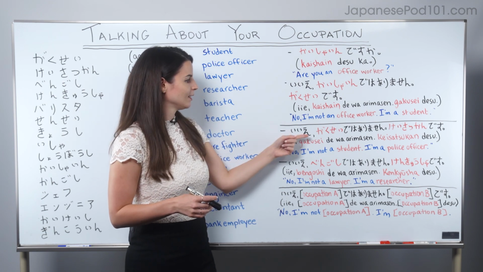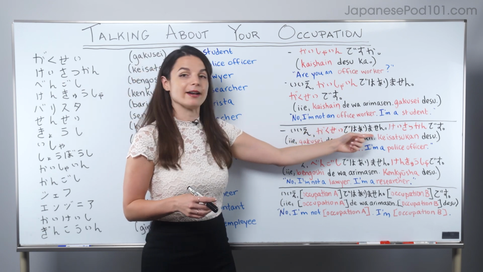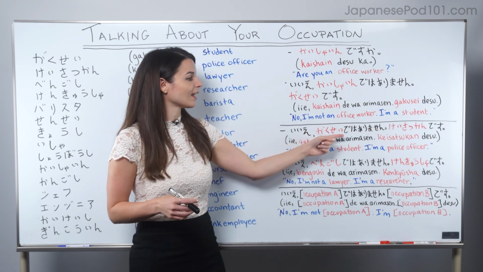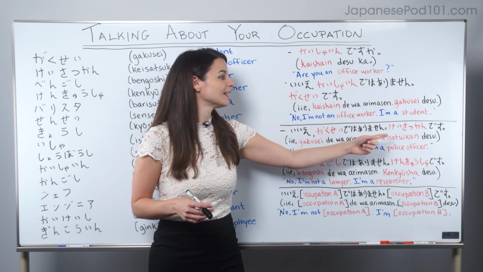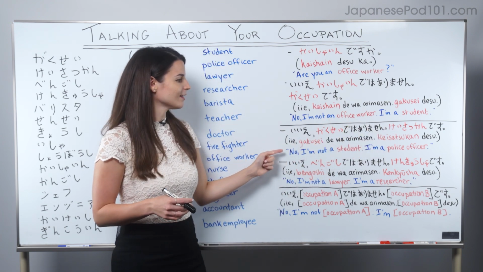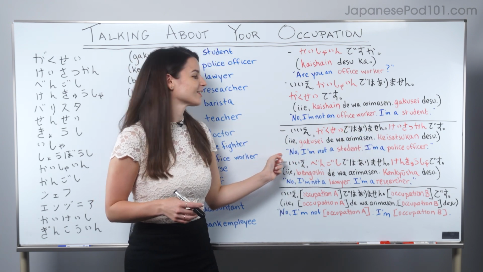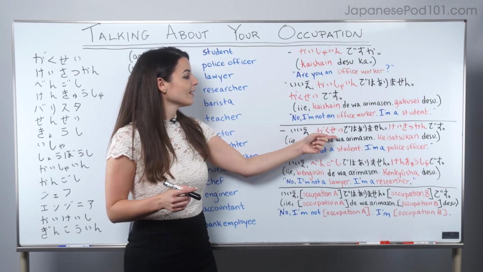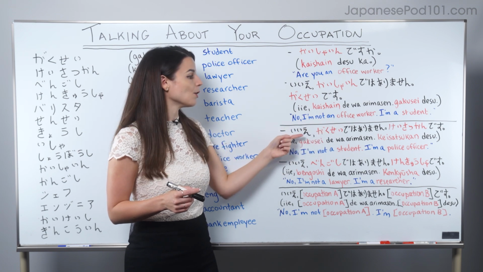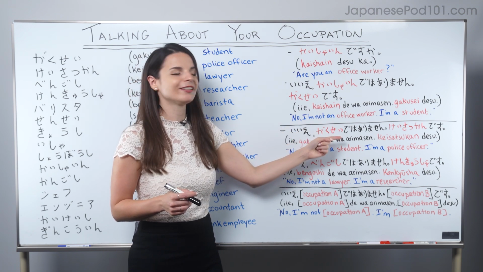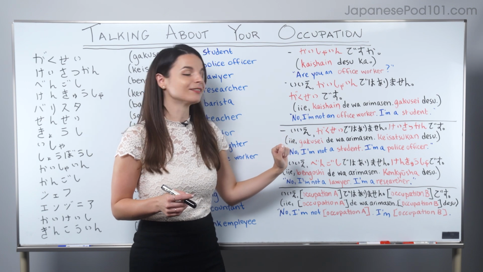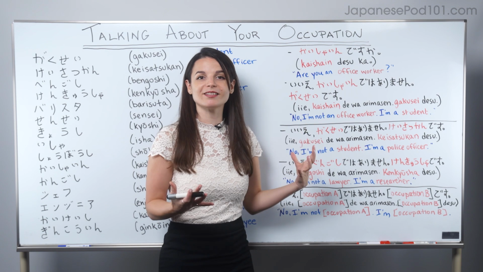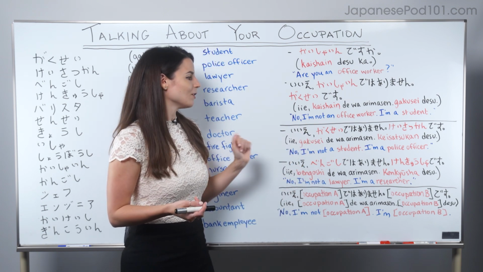For example, いいえ、学生ではありません。警察官です。Which means, no, I'm not a student.